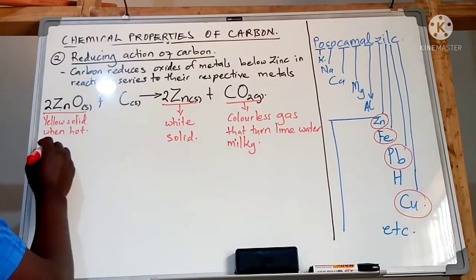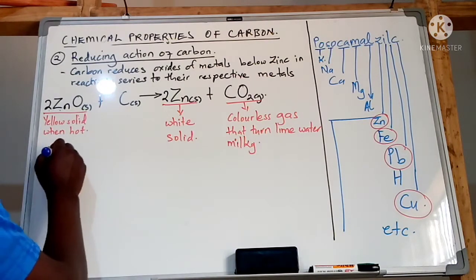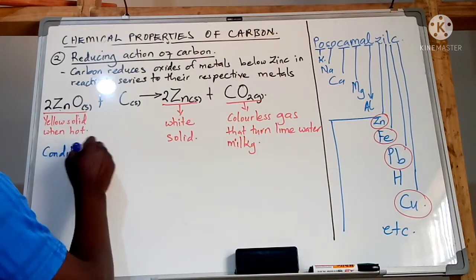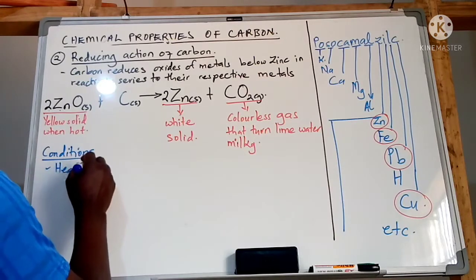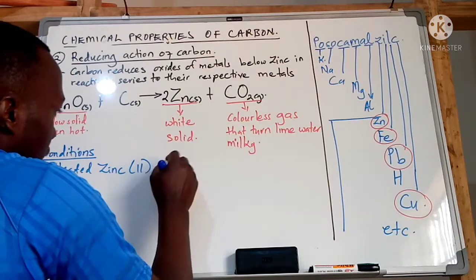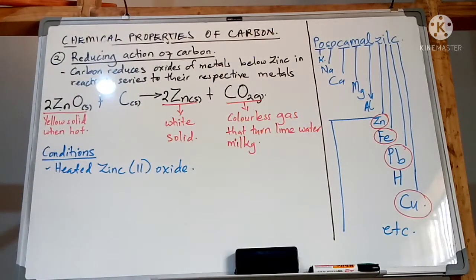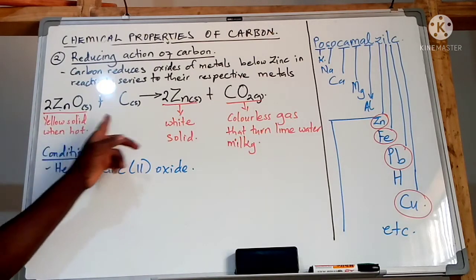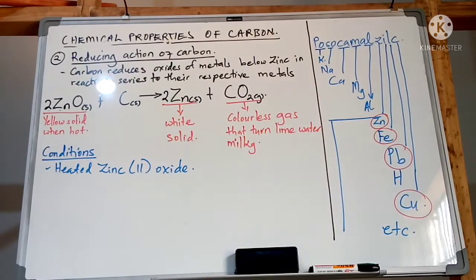Because if they request for conditions for the reaction to take place, the first condition is heated zinc oxide. So the oxide must be heated. If it is heated, it is going to show us the yellow color. So yellow solid when hot turned to white solid, and a colorless gas that turned lime water milky.